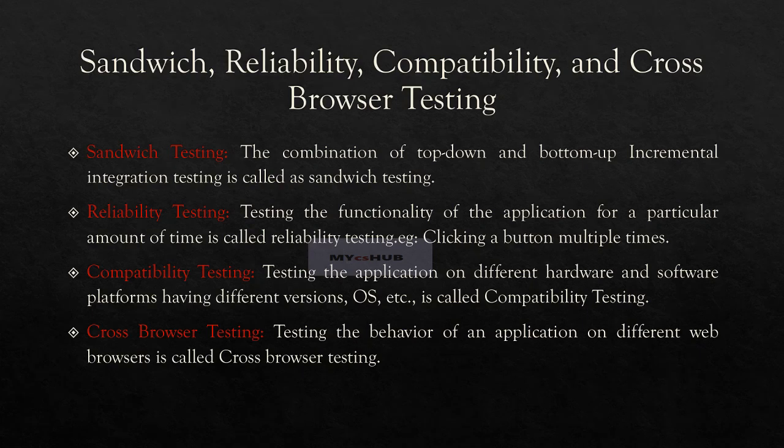We will test it on different operating systems. If it is an iOS application and we have the IPA available for testing, we will test on different Apple devices in order to check the compatibility of the application.